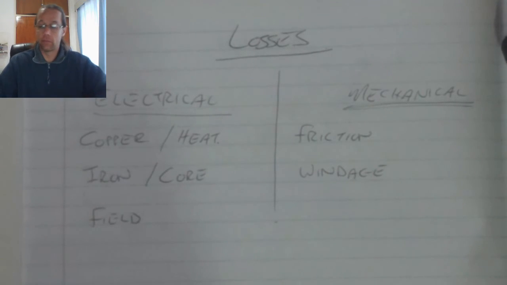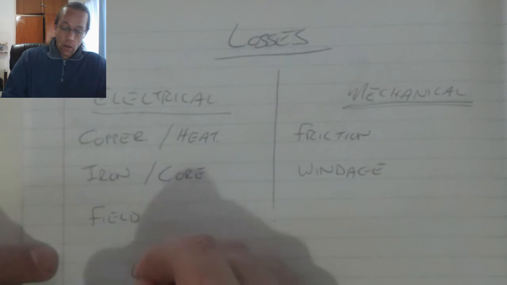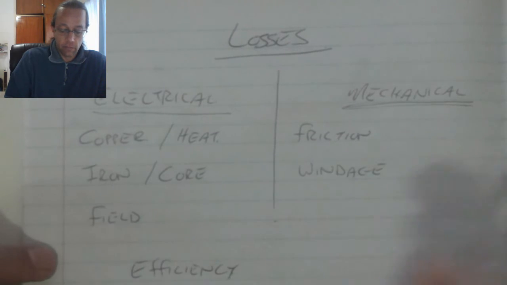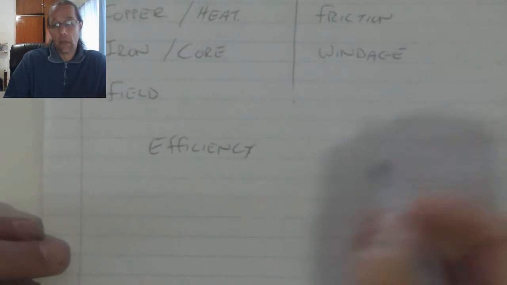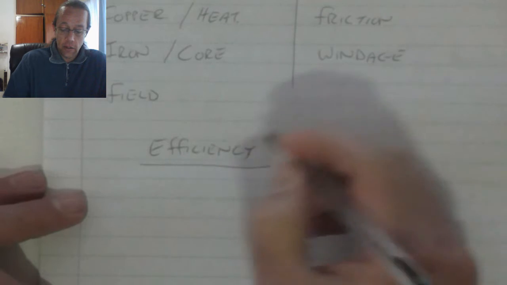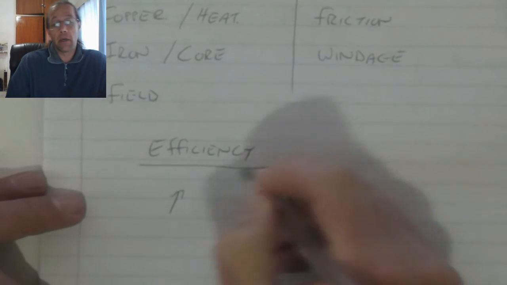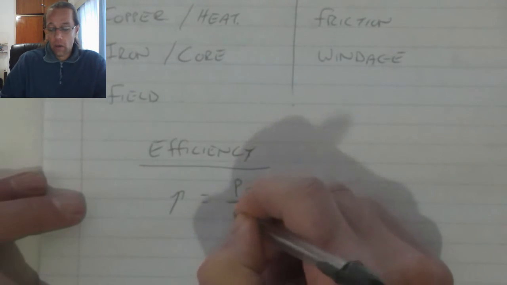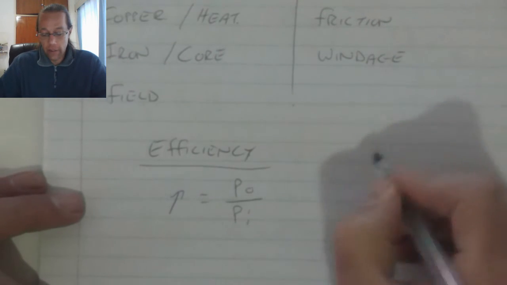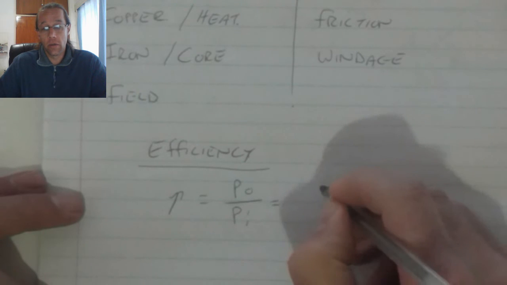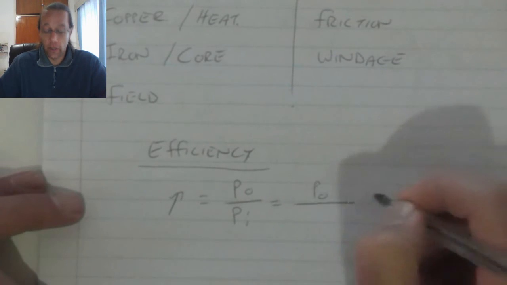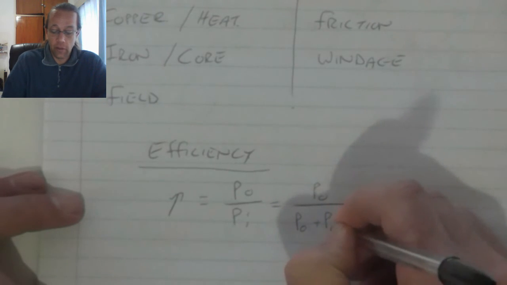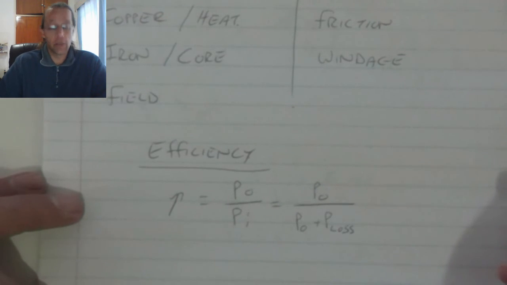In order to calculate the efficiency of my generator, I say the efficiency is equal to the output power divided by the input power. I could also say that my output power divided by the output power plus my power losses.